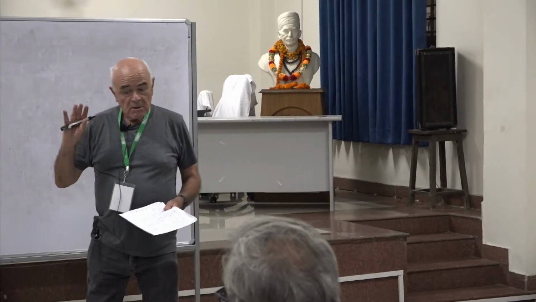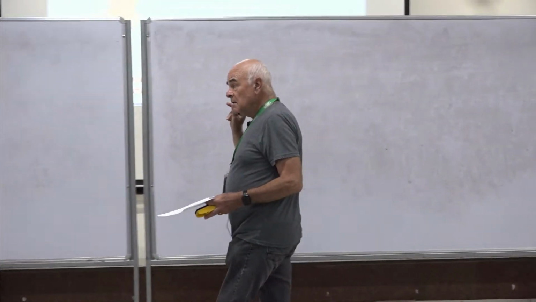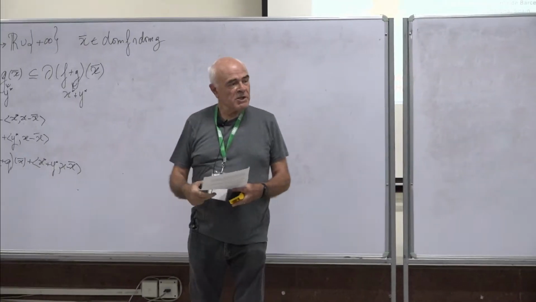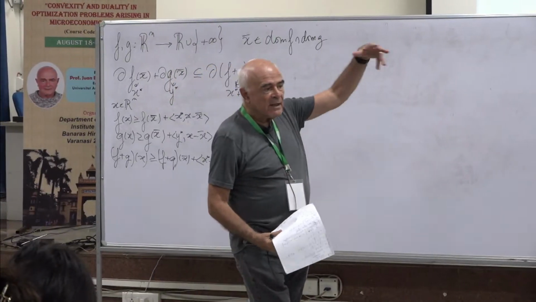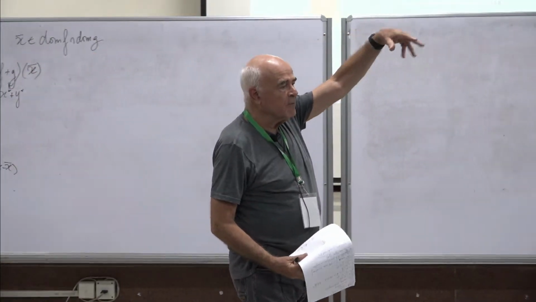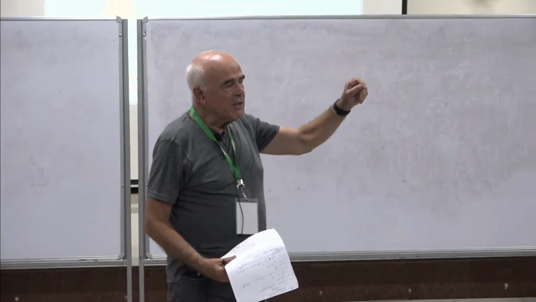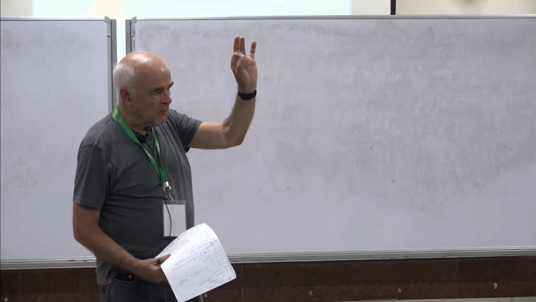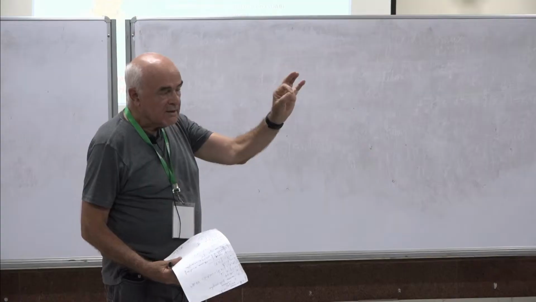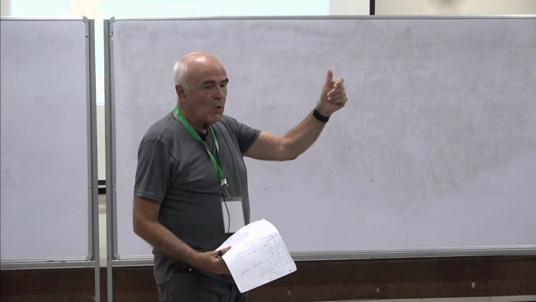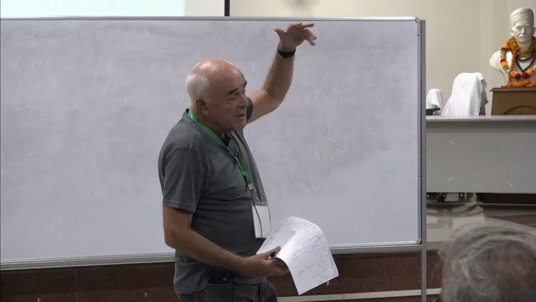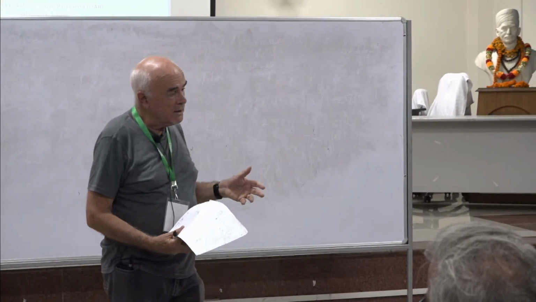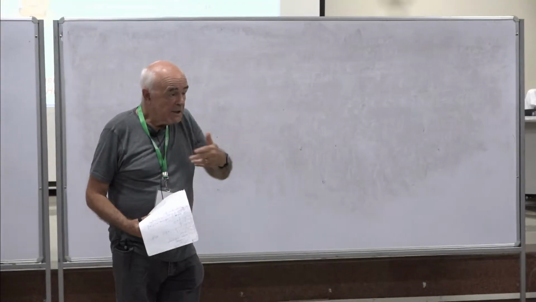No, I have not chosen anything. No, I have not chosen x bar. One thing is to say, let x bar belong, or let x star belong to there, and another thing is saying, take x star from there. When I take, I am choosing. Now when I say, let x bar be, I'm saying, if there is some x bar there, with that x bar, I do whatever. It may not exist.